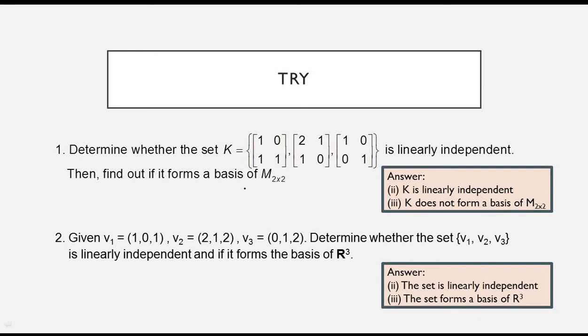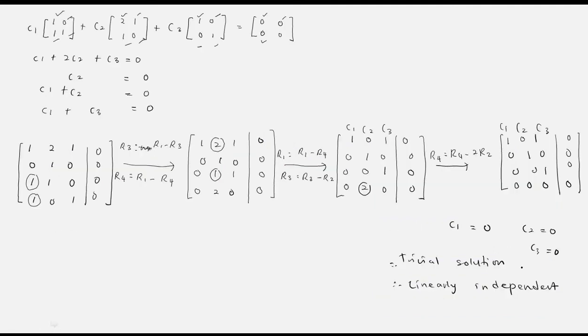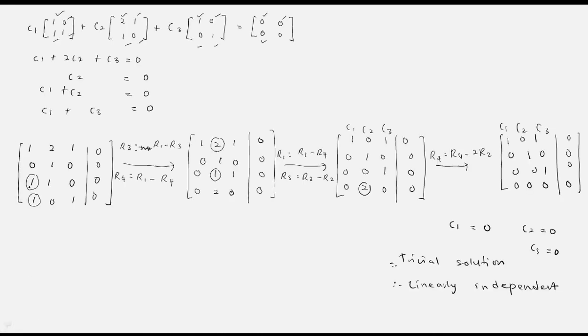Now we need to prove if the set spans the matrix 2 by 2. Okay, we only have proven the first condition, so we need to continue with the second condition. So let's use the same matrix.